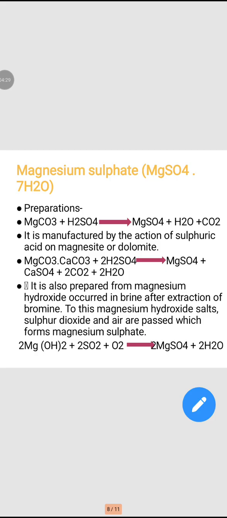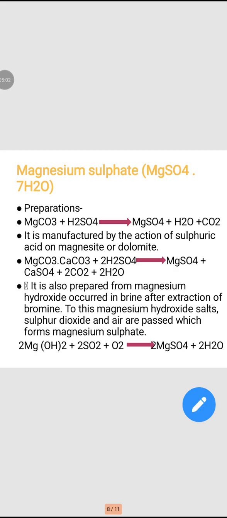Second method: it is manufactured from magnesite or dolomite, the ore of magnesium, with the formula MgCO3·CaCO3. It is reacted with sulfuric acid: MgCO3·CaCO3 plus 2H2SO4 gives MgSO4 plus CaSO4 plus carbon dioxide and water.